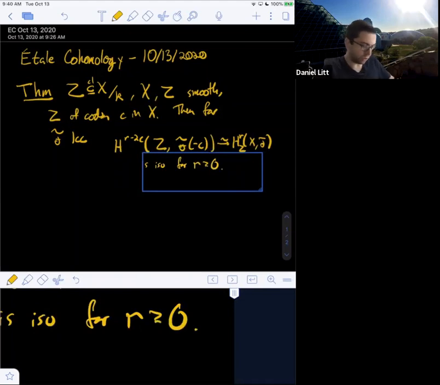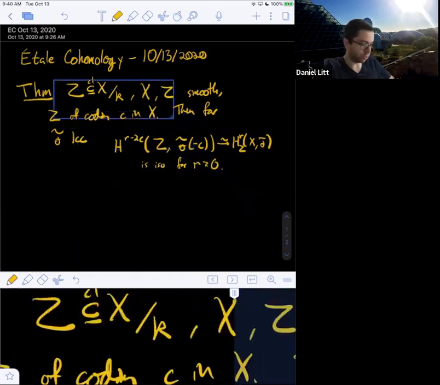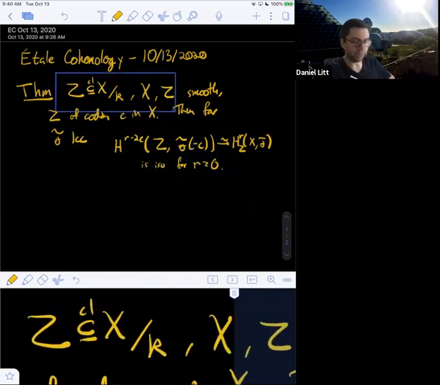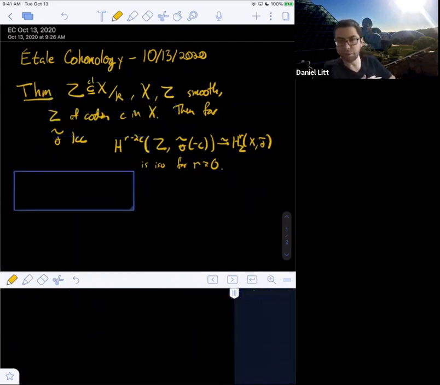We did an example of this: we computed the case of a point inside of the affine line. So Z is a point and X is the affine line, and F I think was the sheaf mu_n maybe. Now I want to explain to you why this theorem is useful, and then I'll say a bit about the proof. But before I do that, are there any questions about the theorem itself?